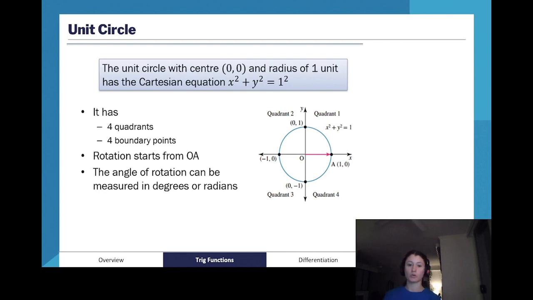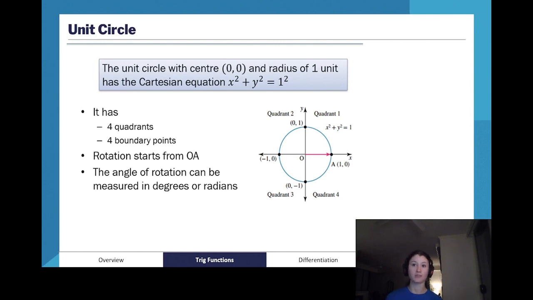Our unit circle also has a Cartesian equation, which is a term you might not have heard before. What this essentially means is that we have an equation that we can actually graph the unit circle with, right? What you've seen so far is graphs such as parabolas, linear lines, maybe cubics, stuff like that. But you can actually graph circles.